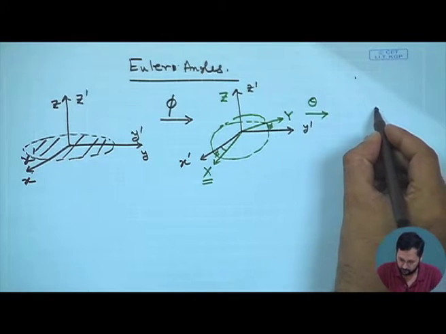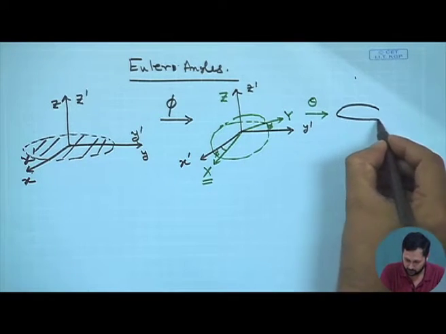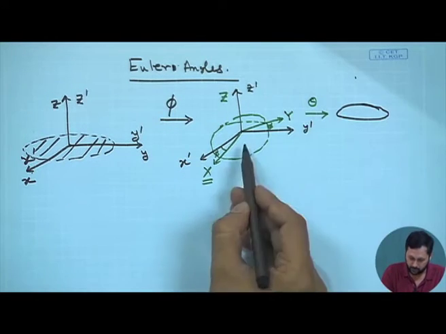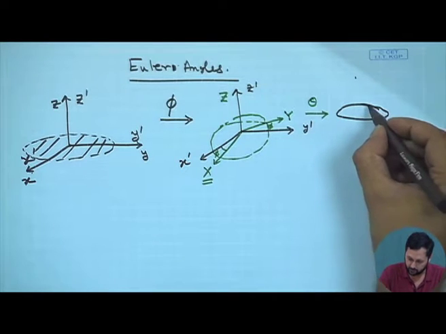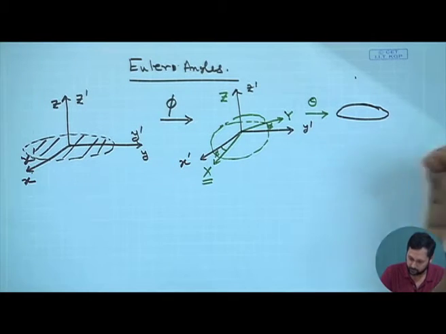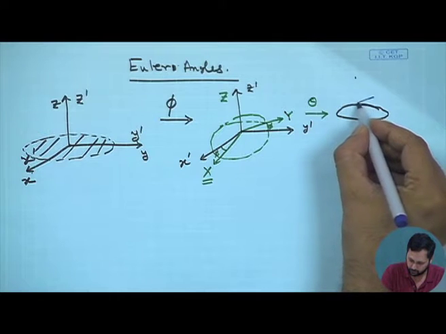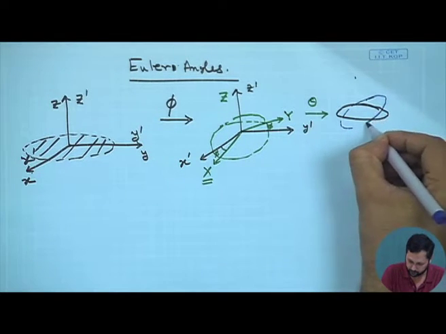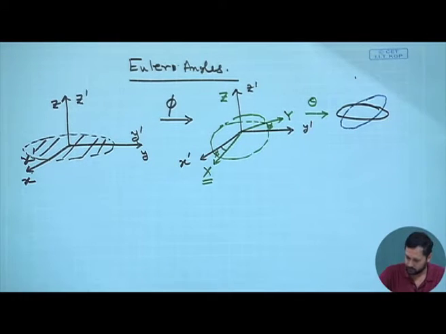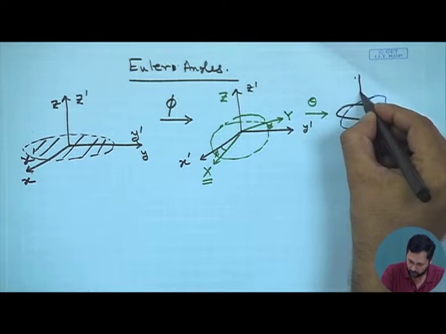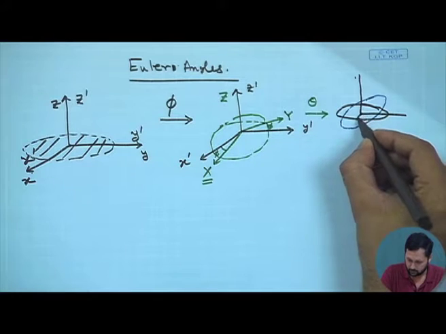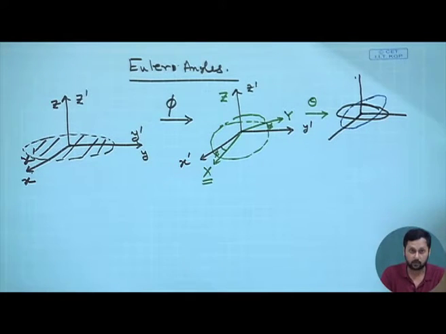So, we have this object, and now we are tilting it by angle theta. So, let us say this is the new set of axes, so it was the initial position, and once again we draw.